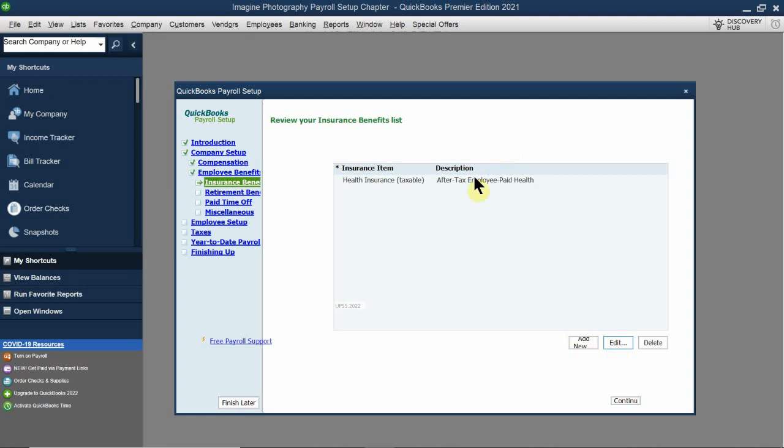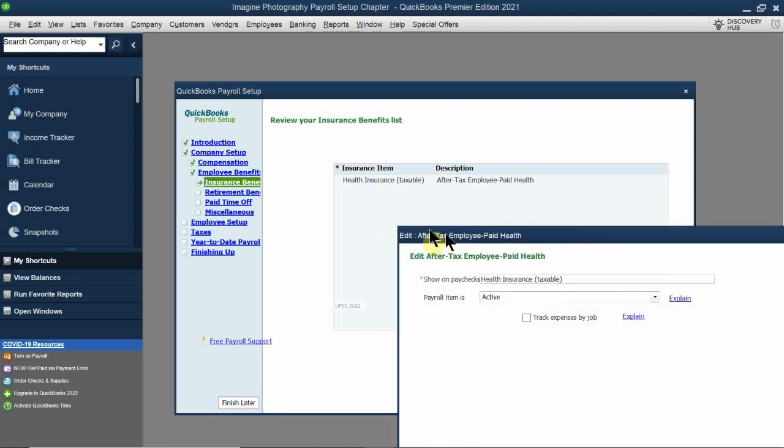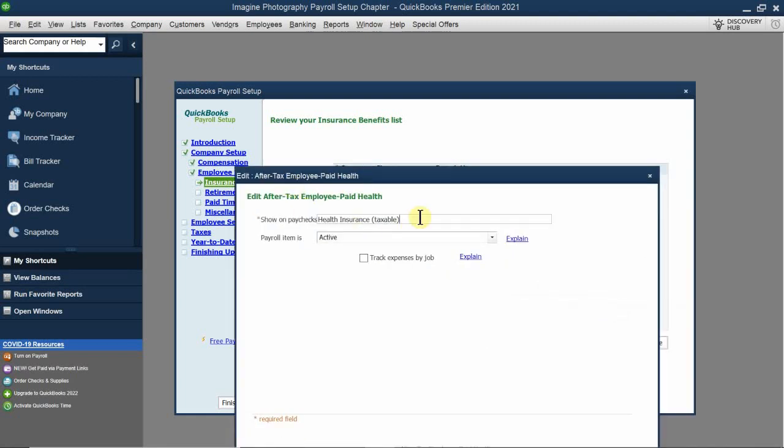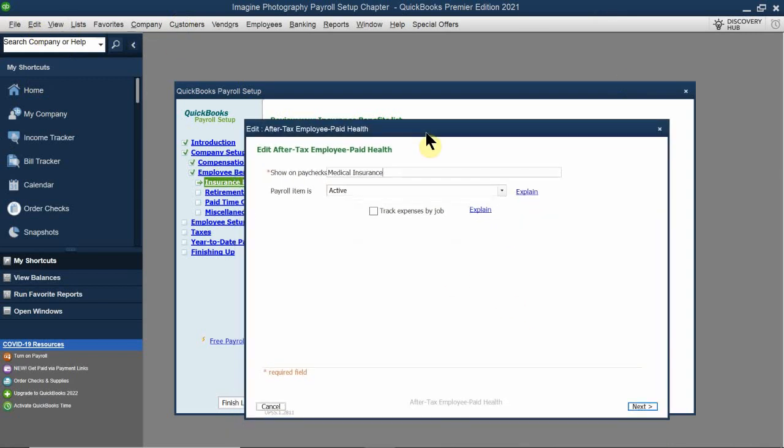It's going to say medical insurance. It is active. And then of course I'm going to click next.